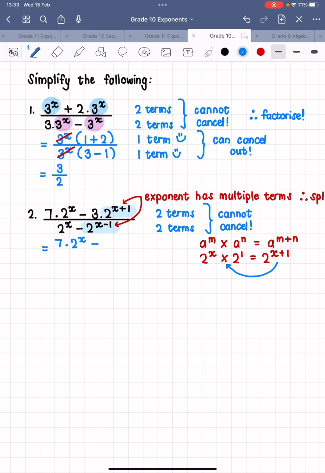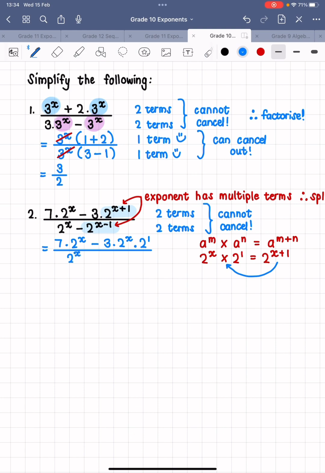I'm only going to split up exponents that have more than one term. So here I have a 3 times 2 to the x times 2 to the 1. So that exponent of x plus 1, I'm going to split up into two separate bases of 2, and the one base is going to have an exponent of x, the other base is going to have an exponent of 1. We are now going to do the same thing in the denominator.